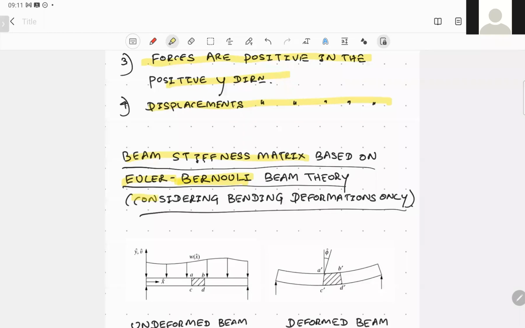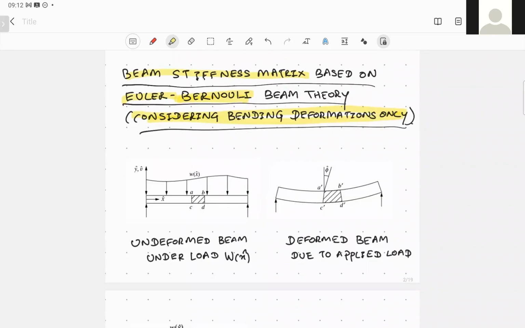For the moment, let's neglect the axial deformations. Of course, throughout this section, we will be neglecting the axial deformations. At first, initially consider a simple case. So we will be applying this differential equation to describe the elementary linear elastic behavior of a small beam element or part of a beam.